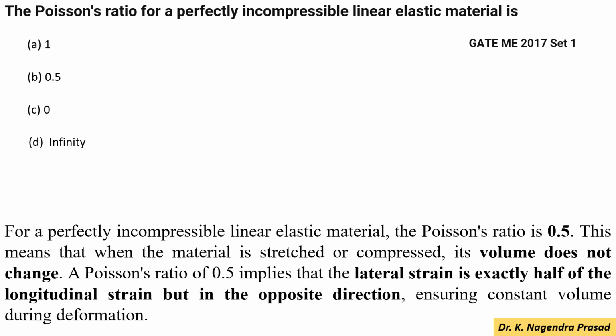A Poisson ratio of 0.5 implies that the lateral strain is exactly half of the longitudinal strain but in the opposite direction. So this ensures constant volume during the deformation. So option B is the correct answer.